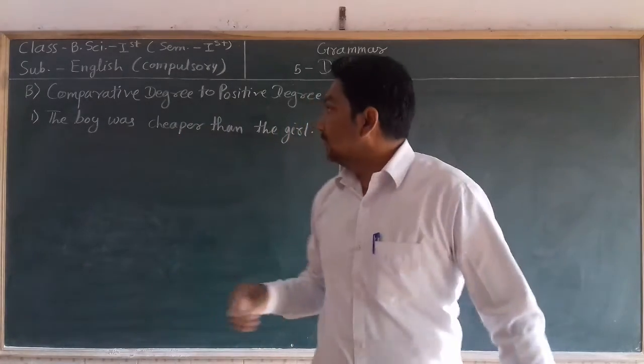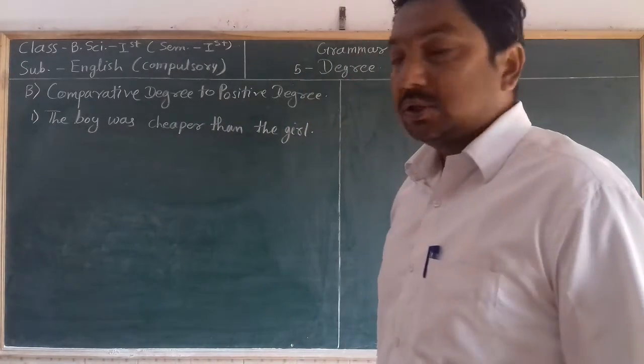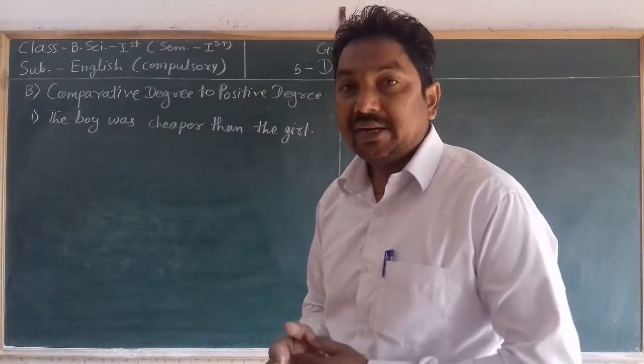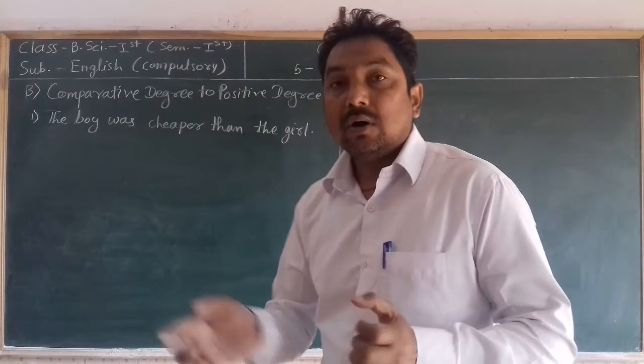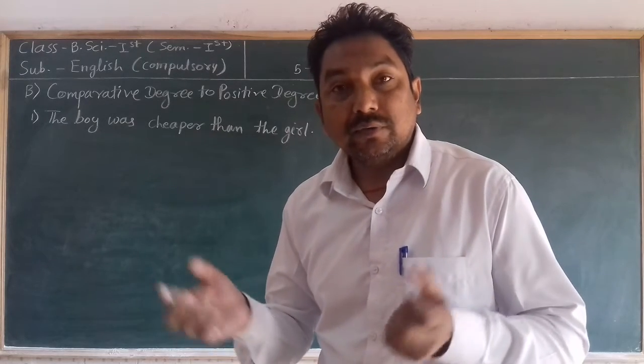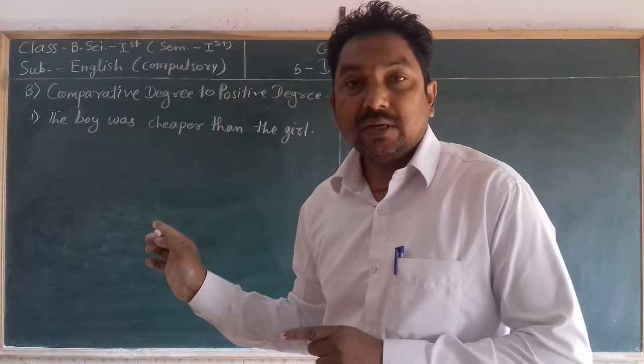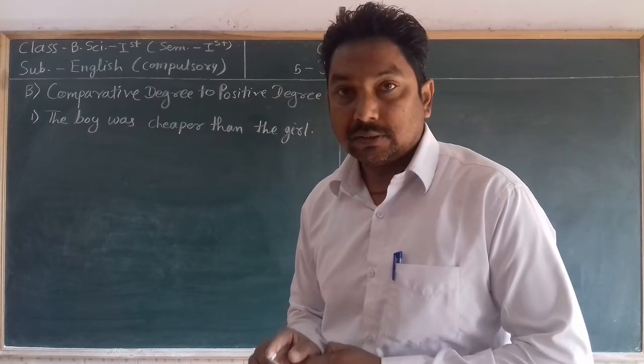So there is given a sentence: the boy was cheaper than the girl. So how can we identify this sentence of what kind of or which degree? Is this a positive degree sentence, comparative degree sentence or superlative degree sentence?